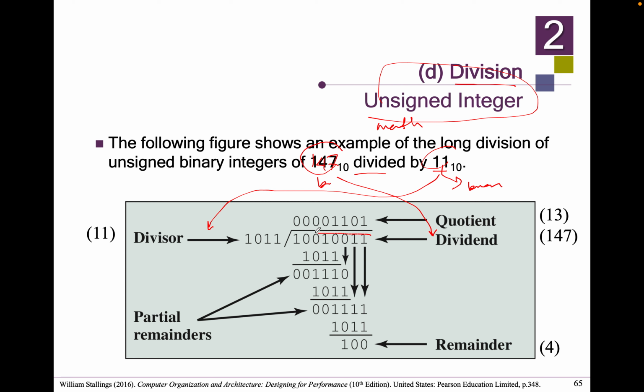This is equivalent to 147. I don't want to show you how to convert; you can use a calculator directly, but it's better for you to practice how to convert from decimal to binary. Please check back your digital logic notes, and in a previous video I already showed you how to convert.